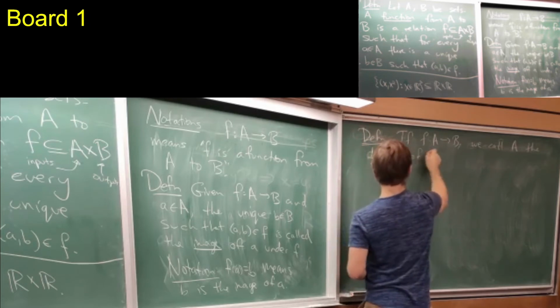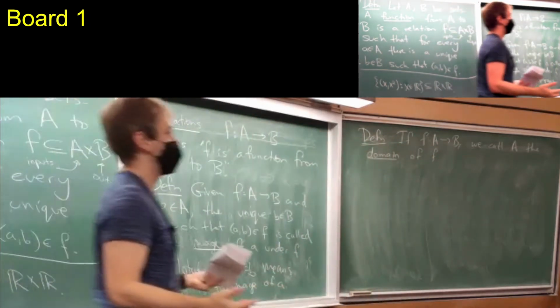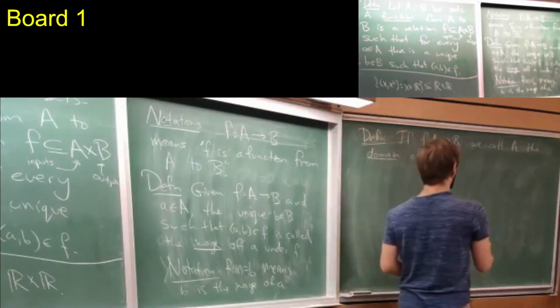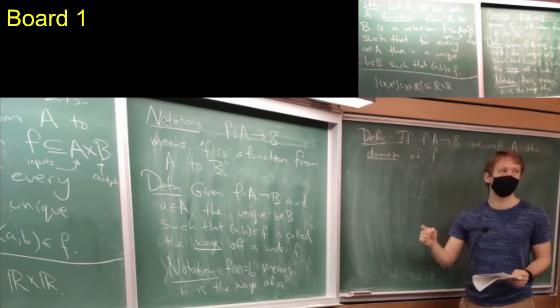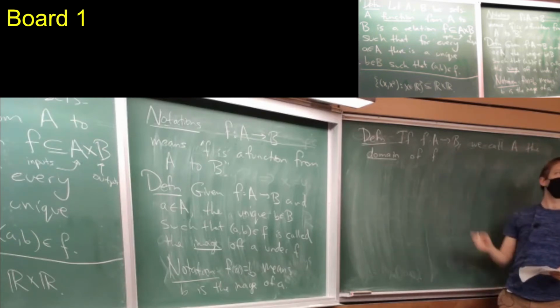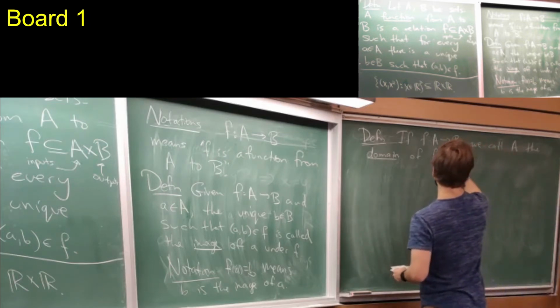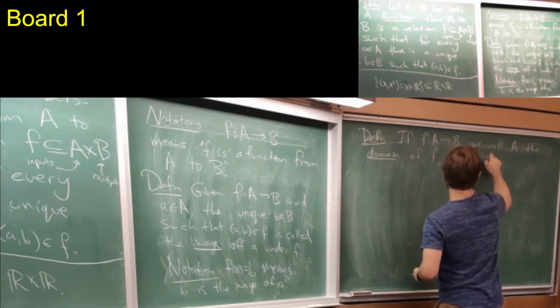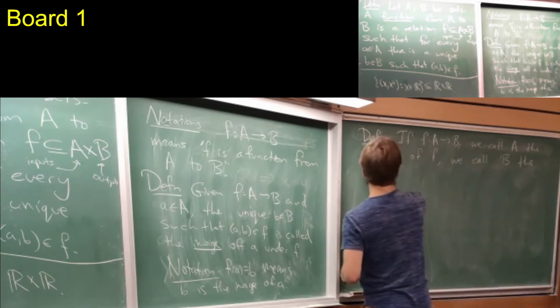So the set of possible inputs is the domain. Some terminology you might not have heard, though. You might be expecting me to call B the range, but it's not the range. We call B the codomain.